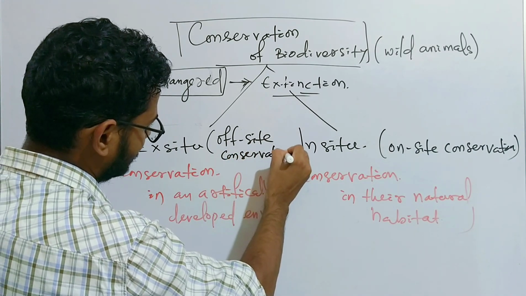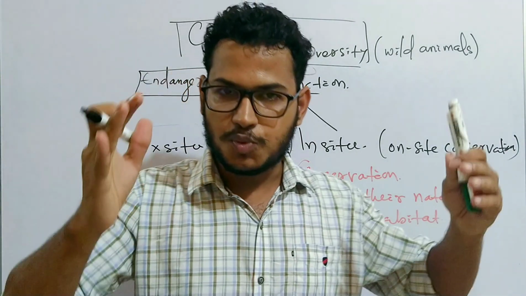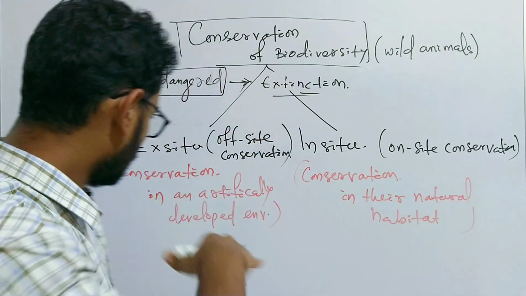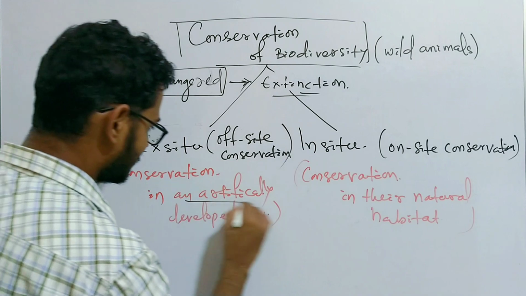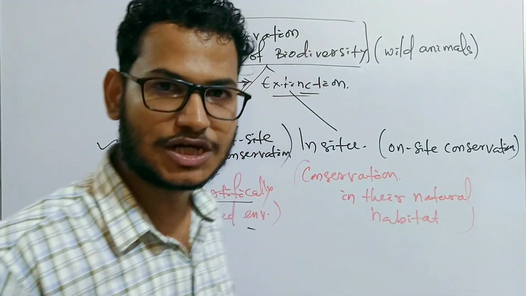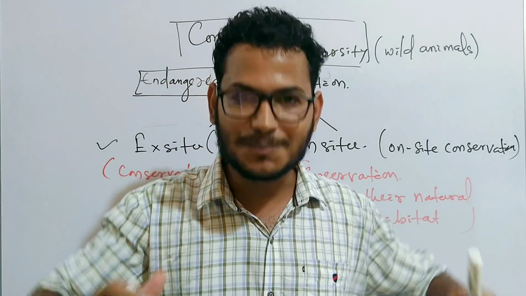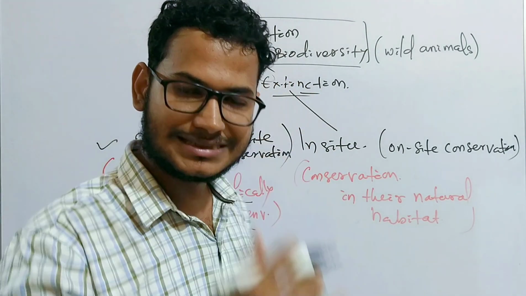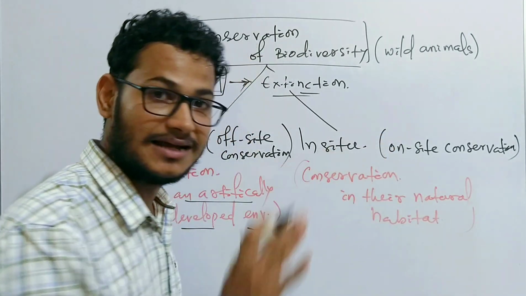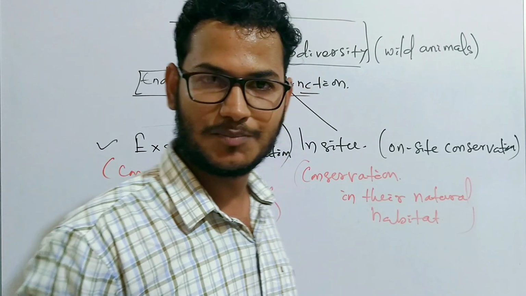Right, off-site conservation. So ex-situ conservation is the conservation of wild animals in an artificially developed environment which is exactly equivalent to their natural habitat, which feels to them as if they are living in their natural habitat, but actually it is artificially developed.